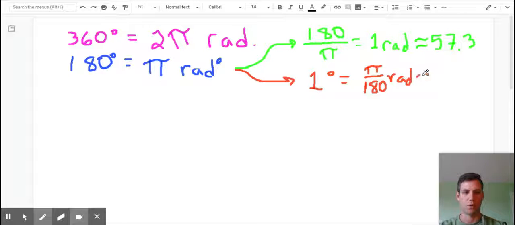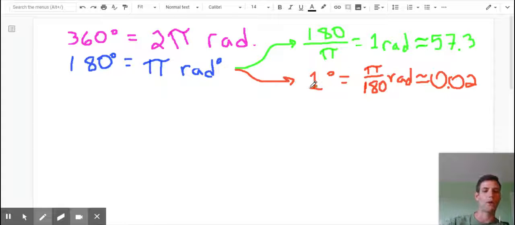And just like before, we could put that into a calculator. We would get an answer of 0.17, or 0.02 radians would be only a 1 degree angle.